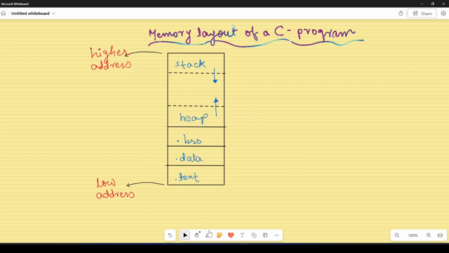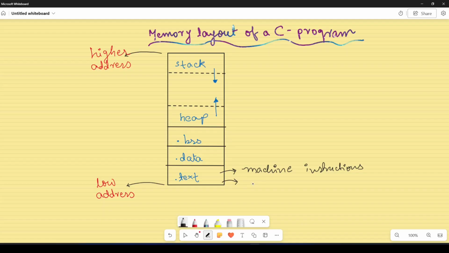So going further, let's describe each of the sections a little bit in more detail. Right. So let's start with the code segment. This is where the machine instructions are saved, right?